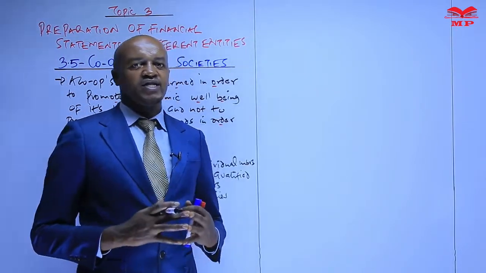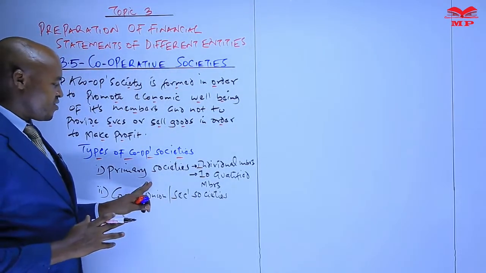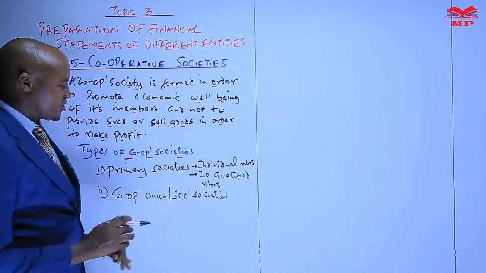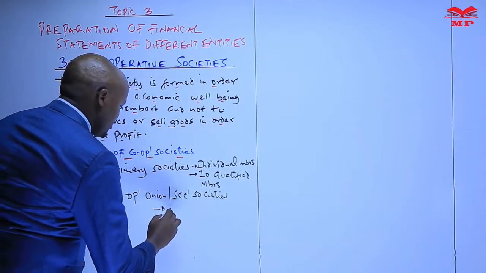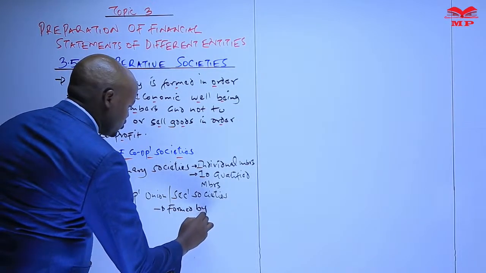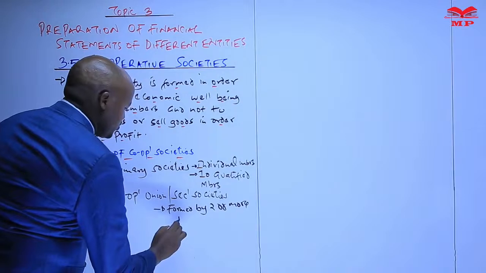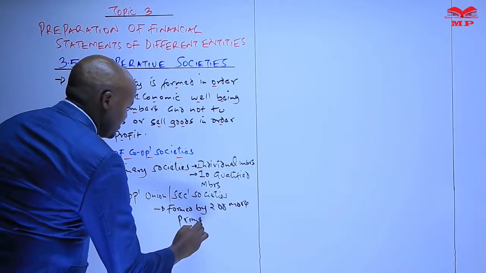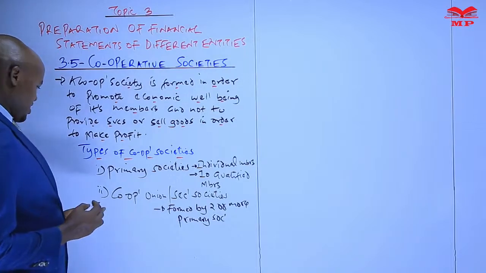That cooperative society which will be registered is formed by primary societies. So therefore, a cooperative union is that particular cooperative society which is formed by two or more primary societies.